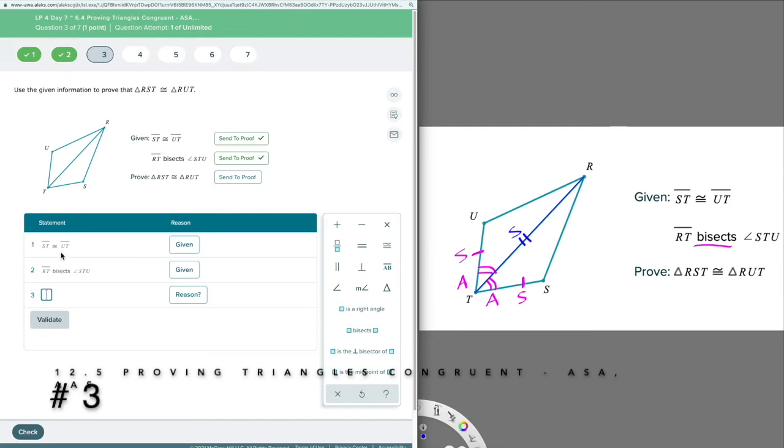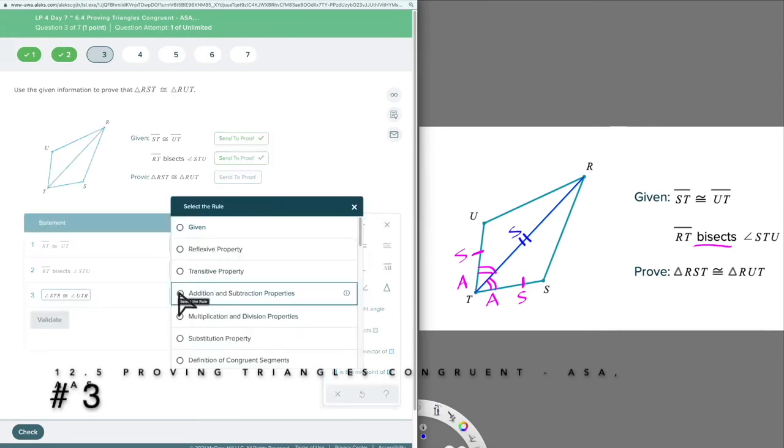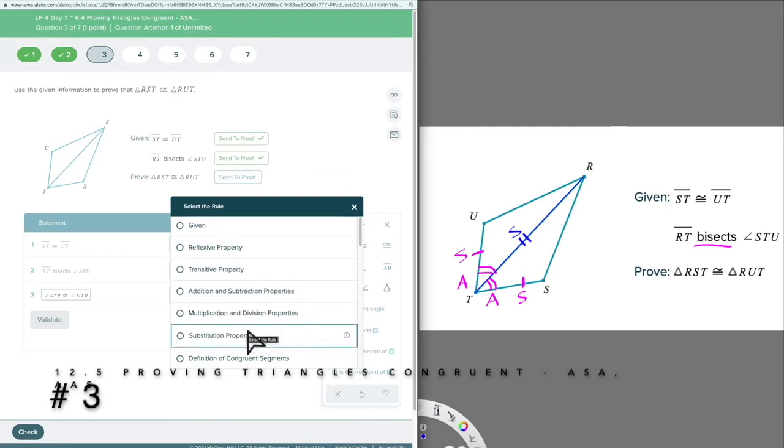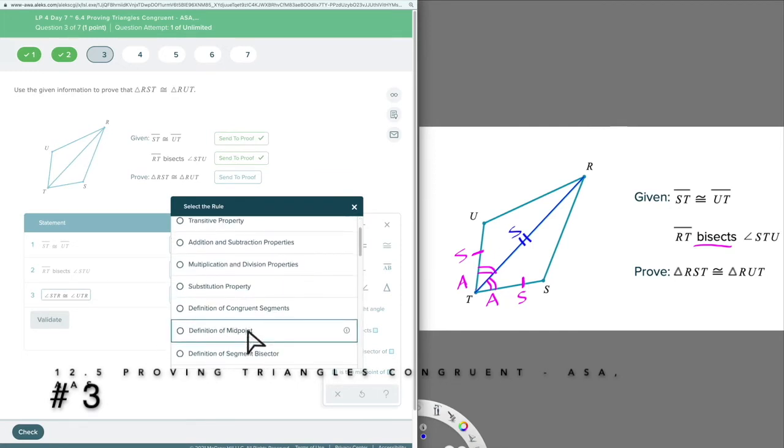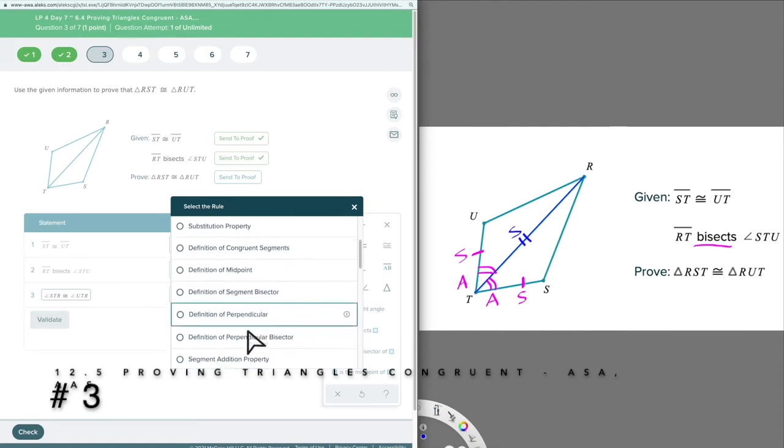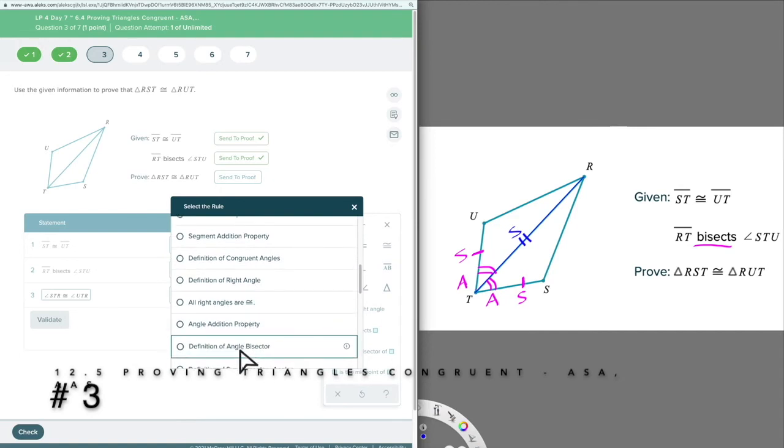So I'm going to have angle STR is going to be congruent to angle UTR. And the reason for that is I'm defining the word bisect, and not only bisect, but angle bisector. So I need definition of, where is it? Angle, congruent angles, angle bisector. There we go. Definition of angle bisector.